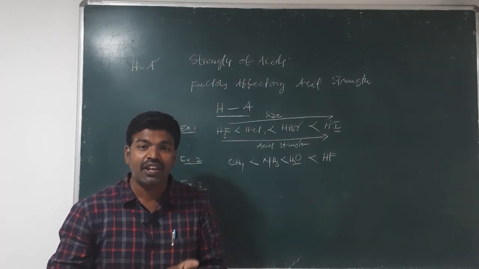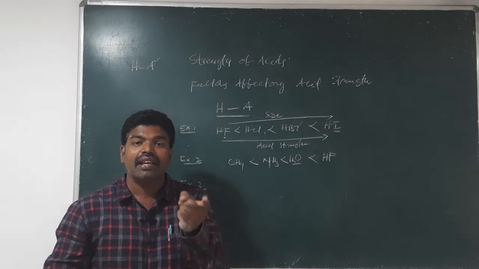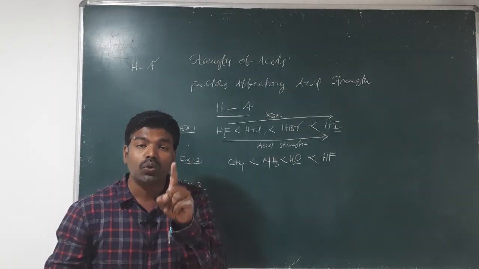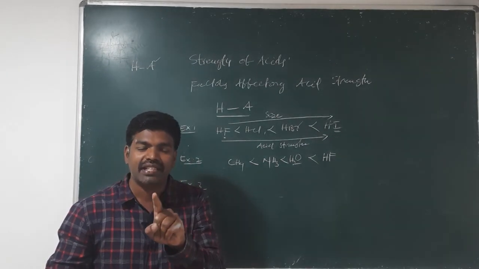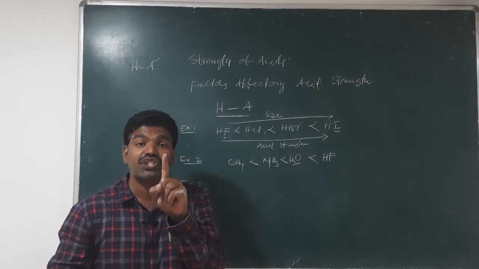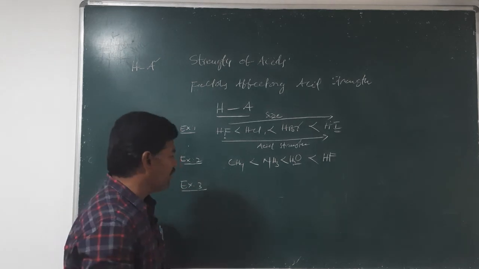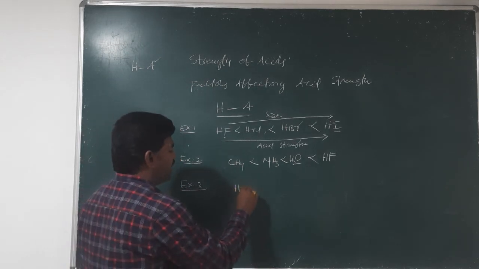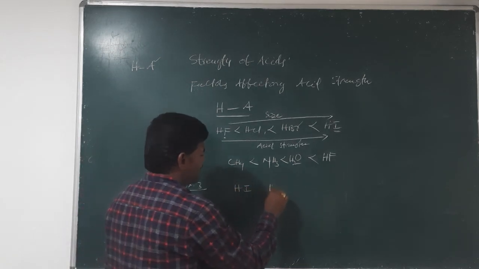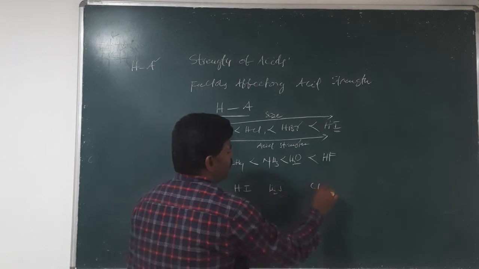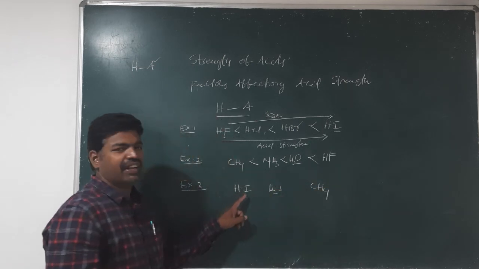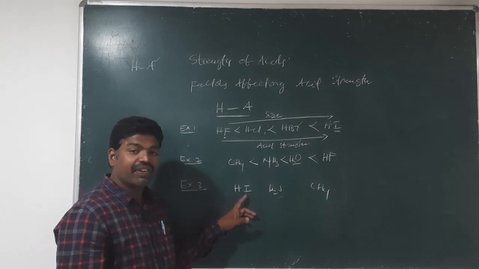Okay, I repeat, when we are comparing the elements of different groups and different periods, then the strength of the HA bond decides the acidic strength. For example, HI, H2S and CH4, these are the elements of different groups and different periods.